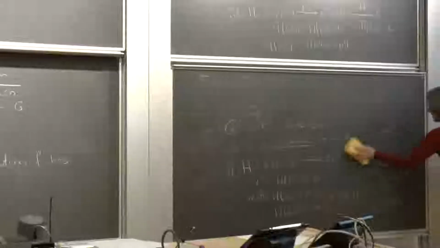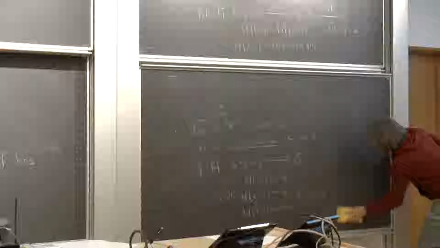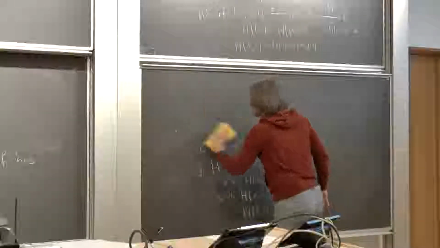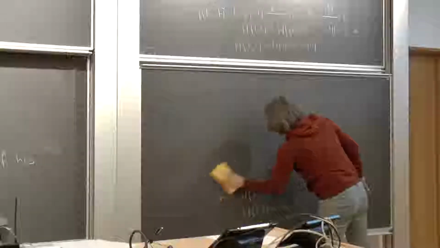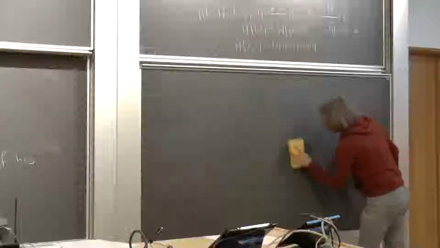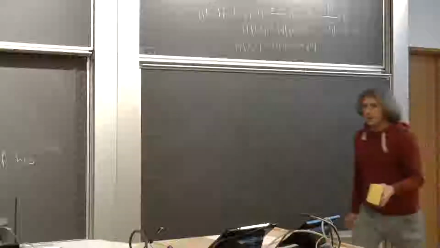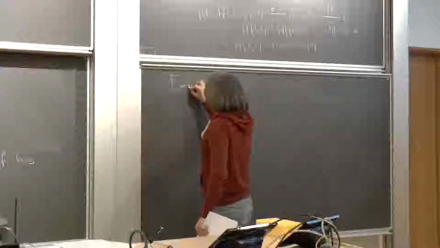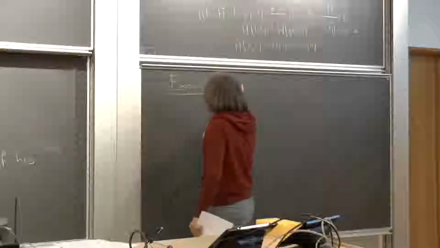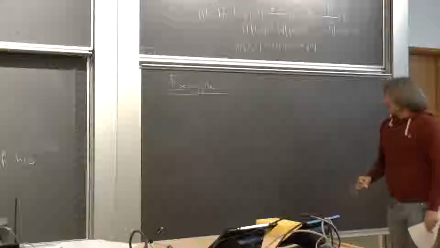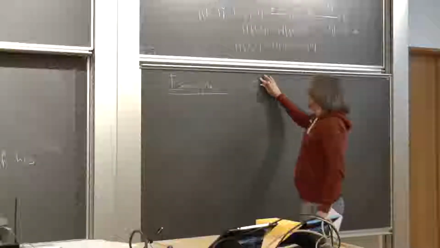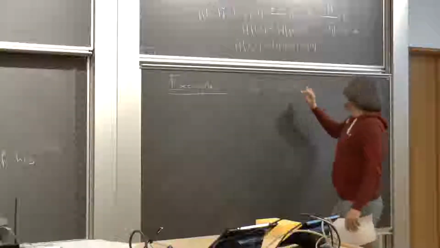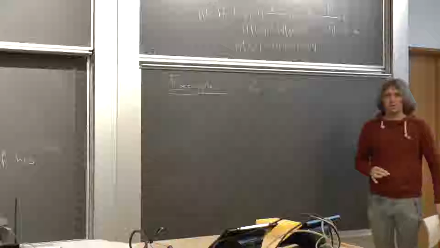But let me give an example showing that this condition of simple connectedness is important. So, example, and then we'll start the proof. Suppose that our G is just the complex numbers without 0. So it's a nice domain.